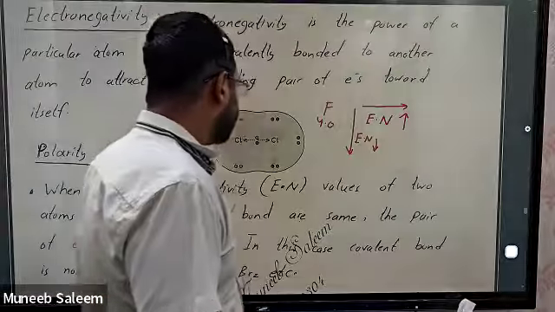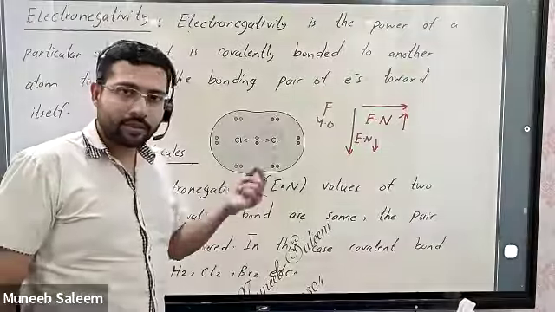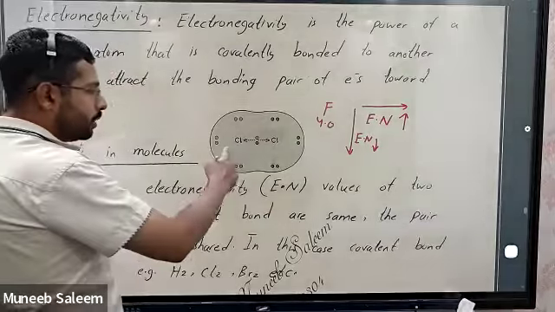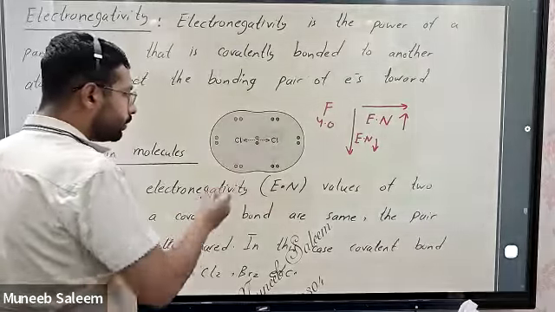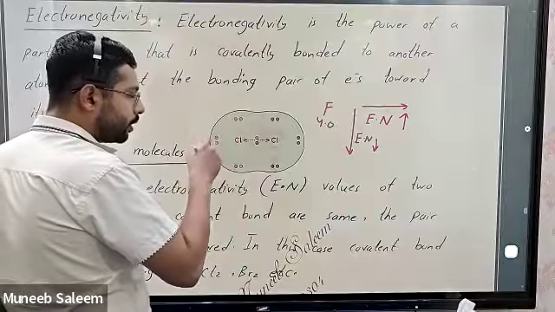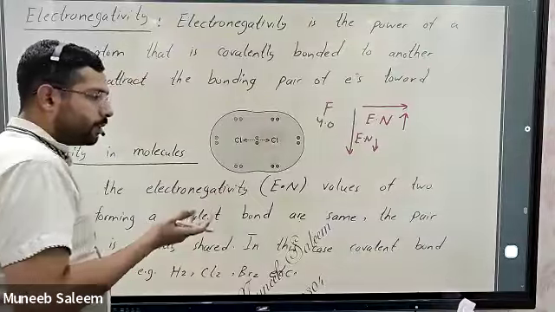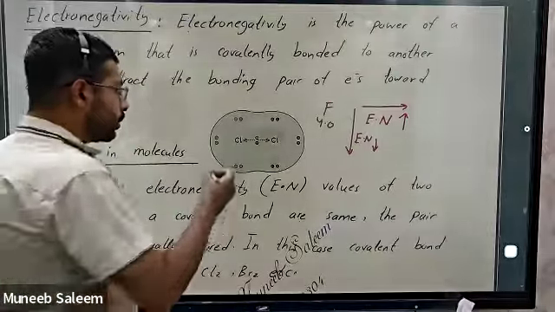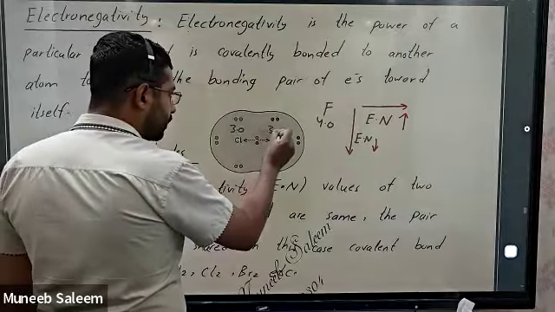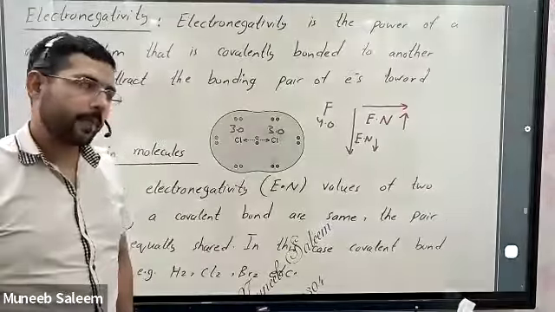So for this reason, any two atoms of the same element will have exactly the same value. Let's suppose we have chlorine bonded with another chlorine, then the electronegativity value will be the same for both atoms. If you look at the data section, there is a table of electronegativity values, according to which the chlorine value is 3.0, and since this is a molecule of two chlorine atoms, the value will be 3.0 each.